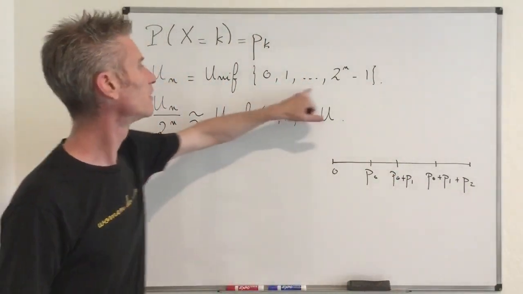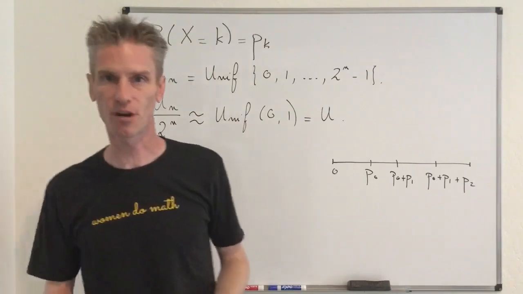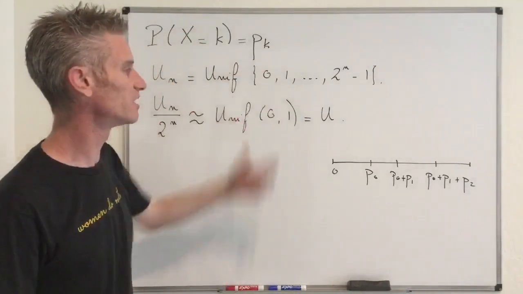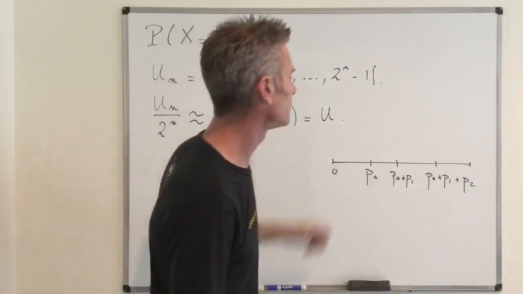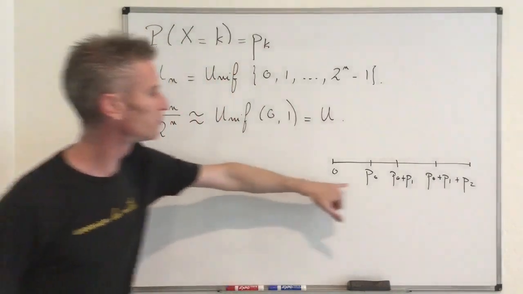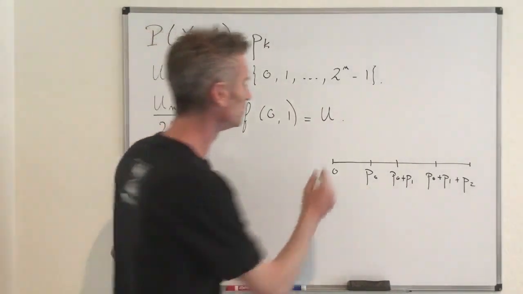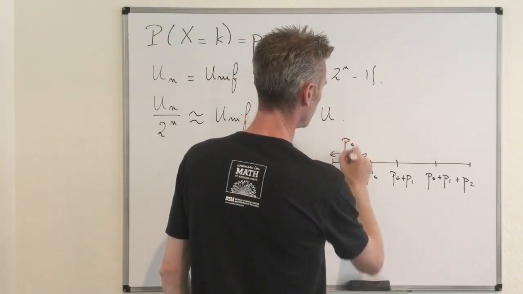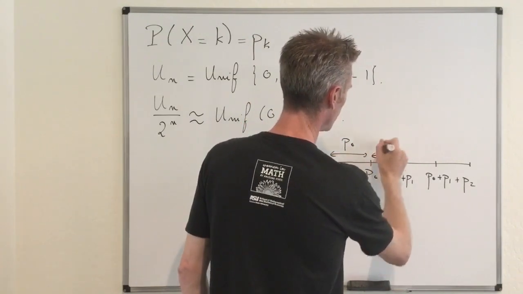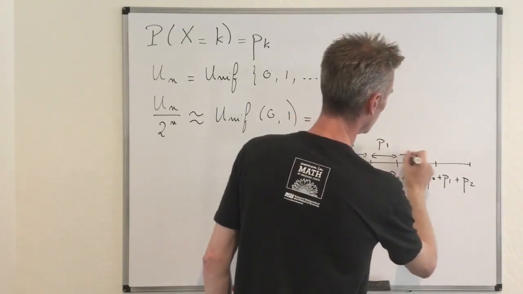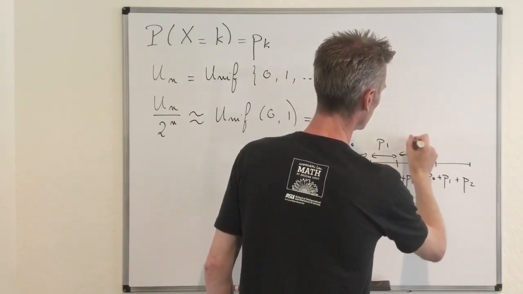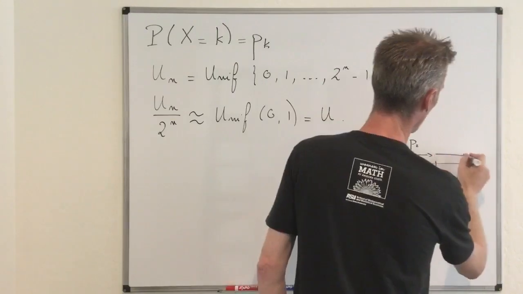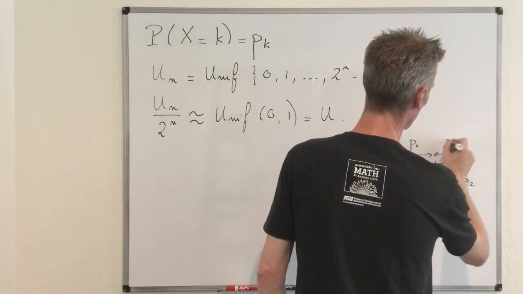Let's say that we have 4 possible outcomes for this random variable, like the range is 4. So in this choice of numbers, the length here is exactly p0, here p1, here p2, and here p3, and they add up to 1.